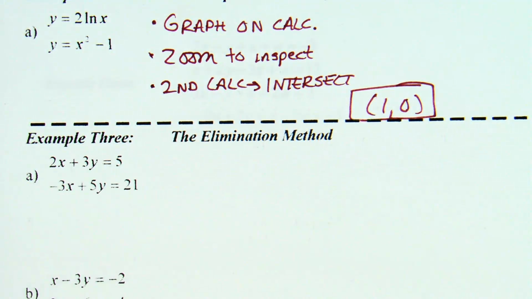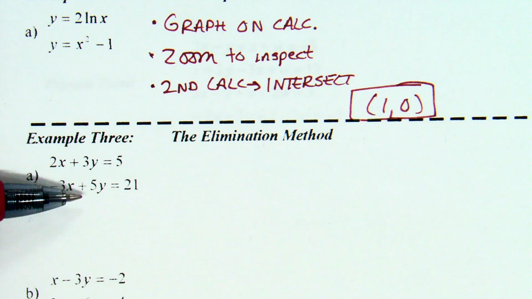So, 6x plus 9y equals 15. Bottom equation, negative 6x plus 10y equals 42. I think some of you guys could use this review. Have we forgotten elimination? Okay, my 6x's have opposite signs.